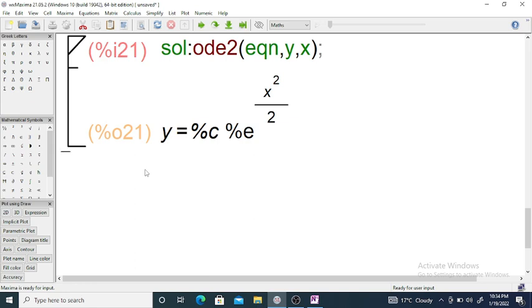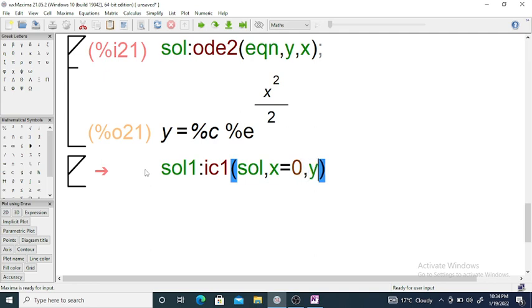Now we want to put the initial condition. So I am writing solution 1, which gives us the initial condition, using IC1 of the solution with x equal to 0 and y equal to 1.